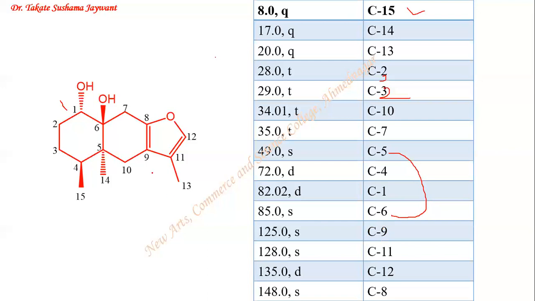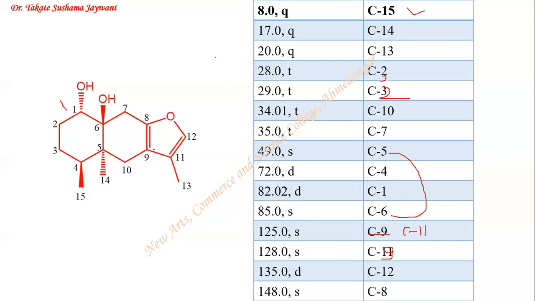So if I compare both the groups, C11 will be more shielded as compared to C9, because C9 is attached to a methylene carbon atom, while C11 is attached to a methyl group carbon atom. So this signal corresponds to C11, and the next signal corresponds to C9.